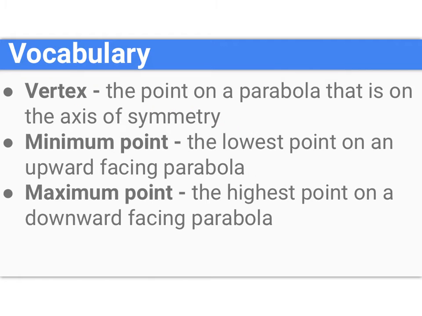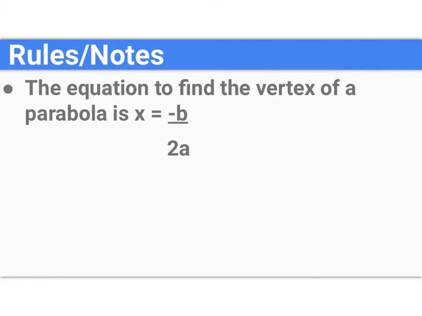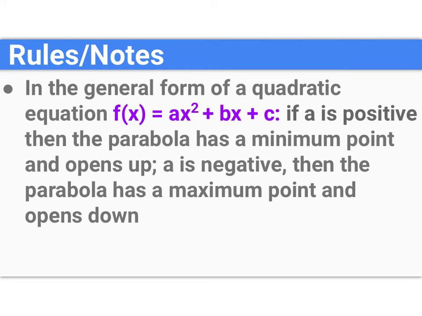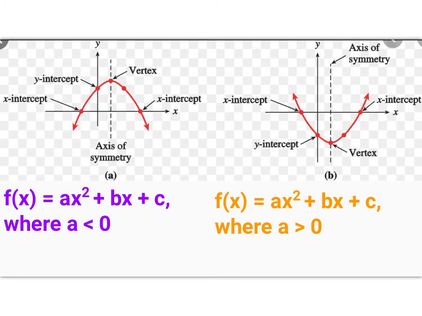Okay, some vocabulary for you. The vertex, that's an equation to find the vertex of a parabola. That's an important little nugget to keep. And this is just an intro right now. We will come back to this at a later point in time and deal with quadratic equations, because there's a lot to deal with in analyzing quadratic equations.